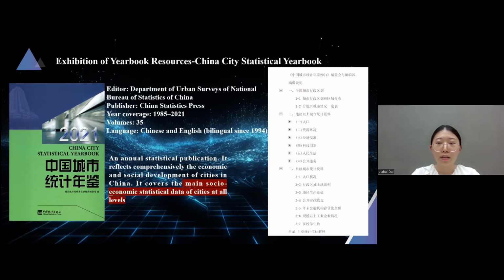In addition, the highlight of this book is that it covers the statistical data of county-level cities, including population, total land area of administrative region, GDP, and other information. It's an annual statistical publication, comprehensively reflecting the economic and social development of cities in China.